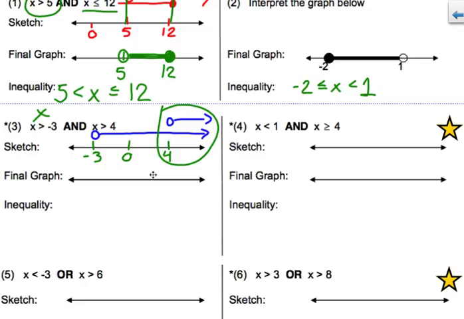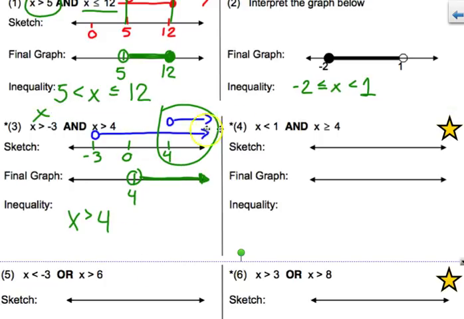So for my final answer, I'm going to ignore that -3 and just work with my 4. It's an open circle, shade to the right. My final inequality, I only care about x being greater than 4. So if you've got an AND problem and they're going the same direction, you're looking for the overlap, which is going to be the furthest one away.